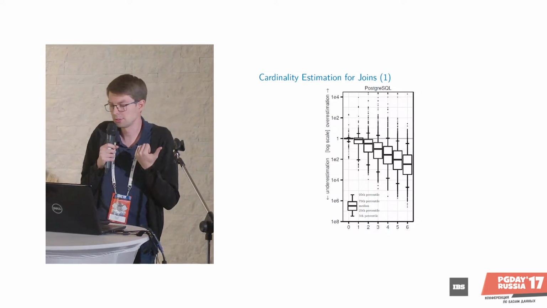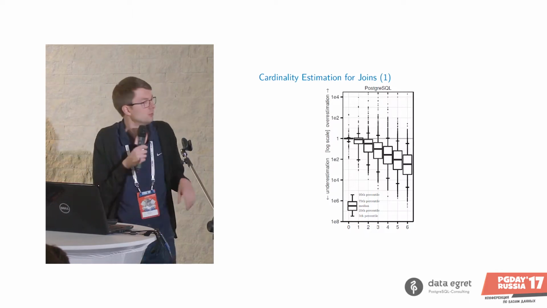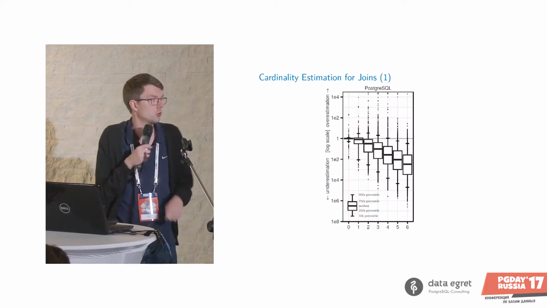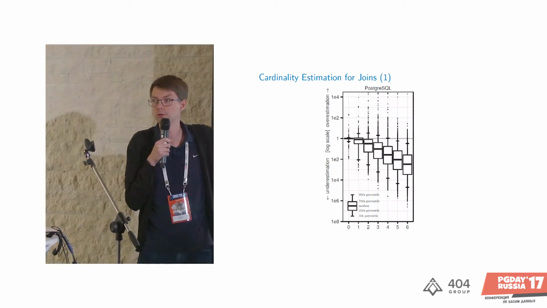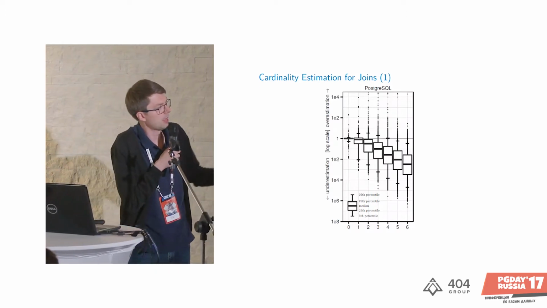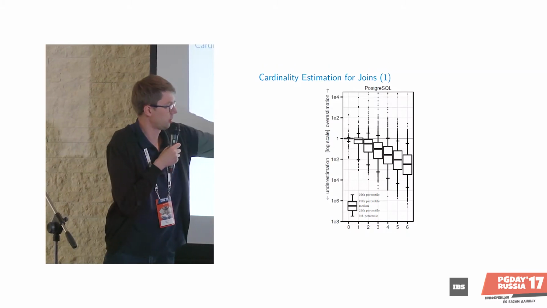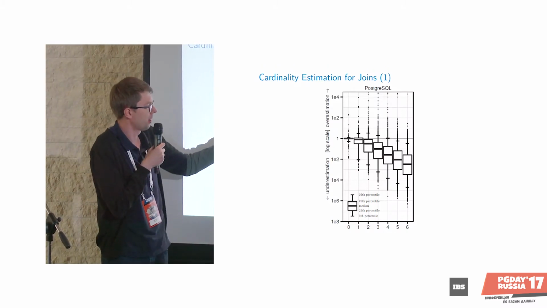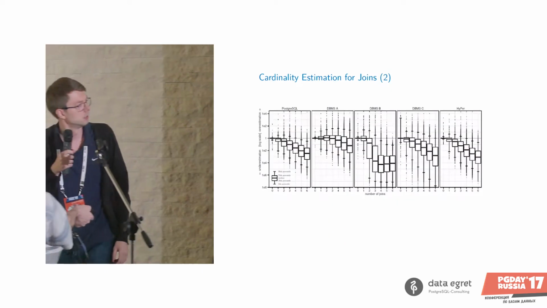Turns out you're not very close to this gray line, because this is a log scale. So for instance, this means a factor of 100 off. Not 10% off, a factor of 100 off. And for instance here, with 3 joins, PostGIS is off by a factor of 100 in more than 25% of the cases.